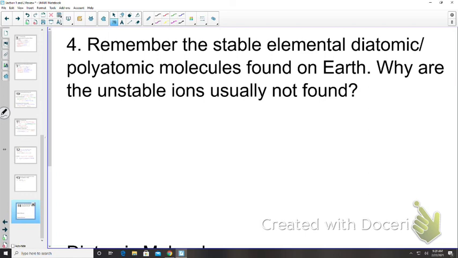So to answer the first part of this question, why are the unstable ions usually not found? Well, that's because they are unstable on their own. They're more stable making a compound or molecule.